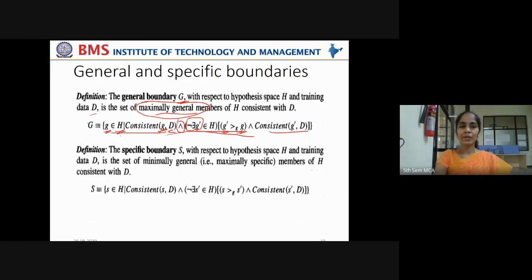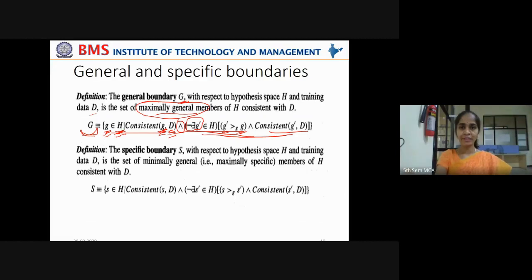The general boundary G is defined as the set of all generalized hypotheses that belong to H given G is consistent with D, and that G should only be the maximum generalized hypothesis, and that is explained in this part of the definition.